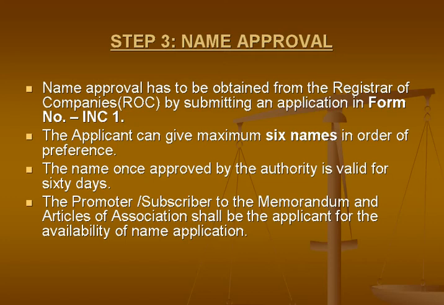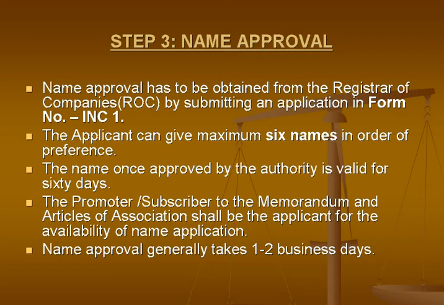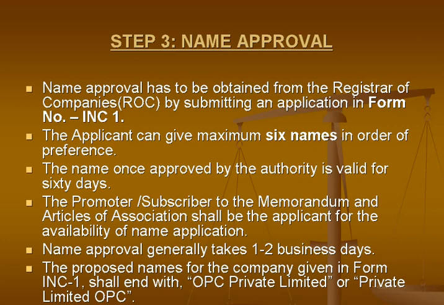The promoter or subscriber to the memorandum and articles of association shall be the applicant for the name availability application. Name approval generally takes 1 to 2 business days. The proposed names for the company given in form INC1 shall end with OPC Private Limited or Private Limited OPC.